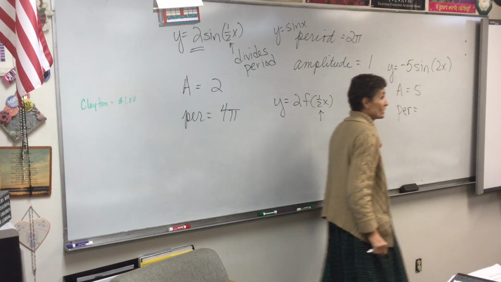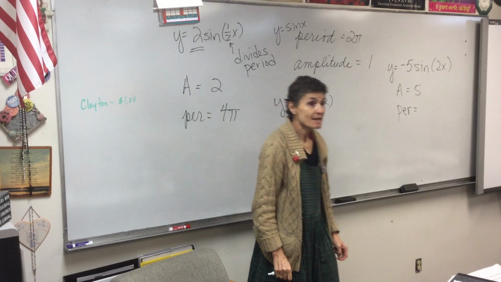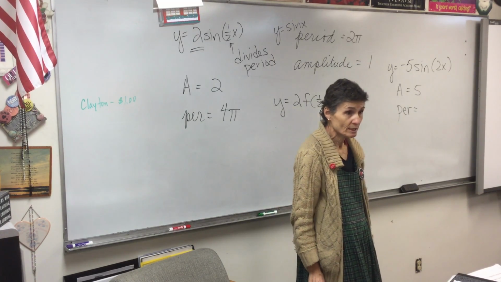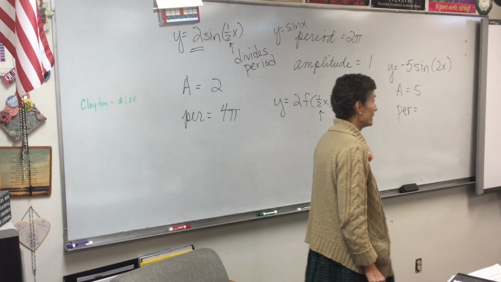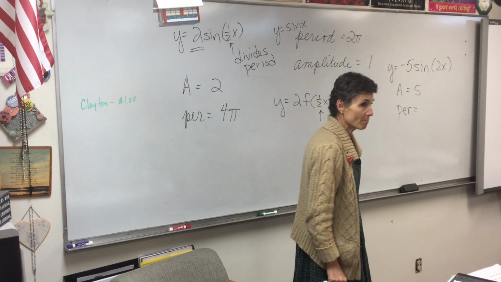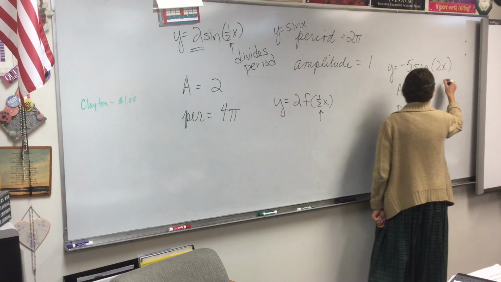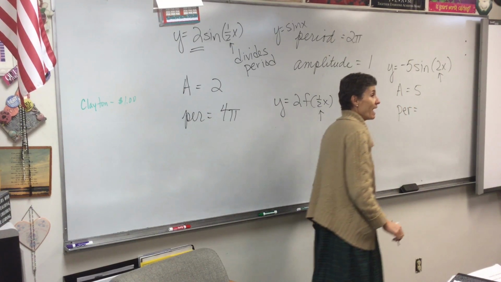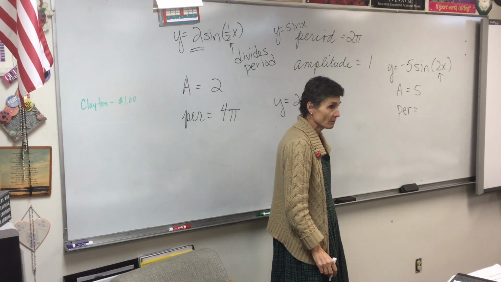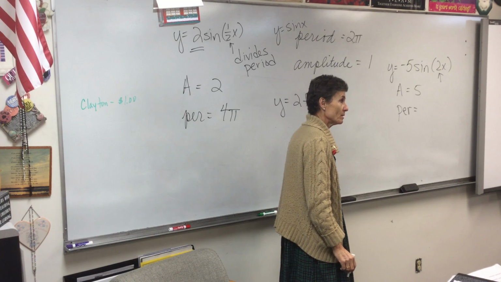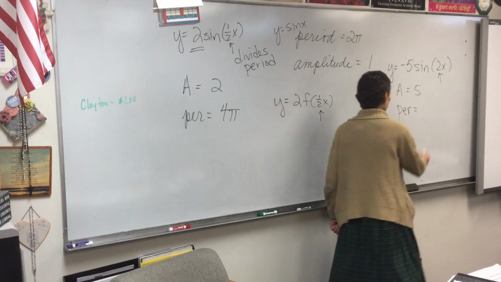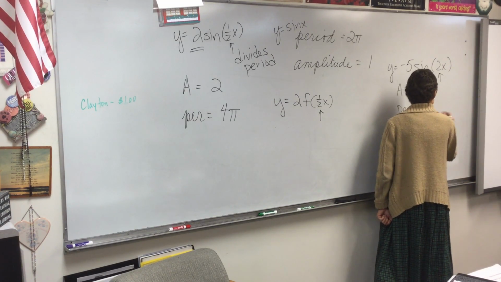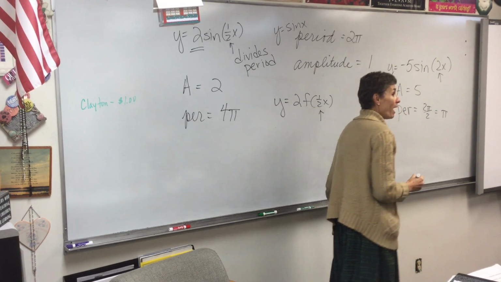It's also very squishy, isn't it? Because now, if you counted, instead of having 4 hills and valleys, you now have 8. So remember, this guy right here divides the period. So what was our period supposed to be? 2 pi. Now it's 2 pi divided by 2, which is pi.